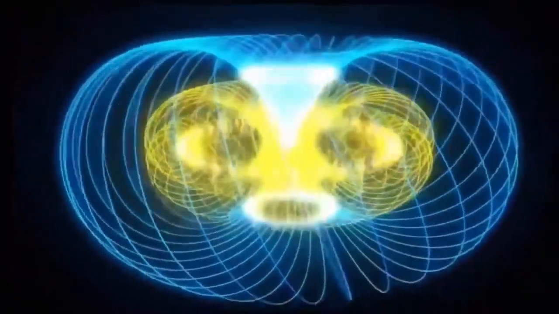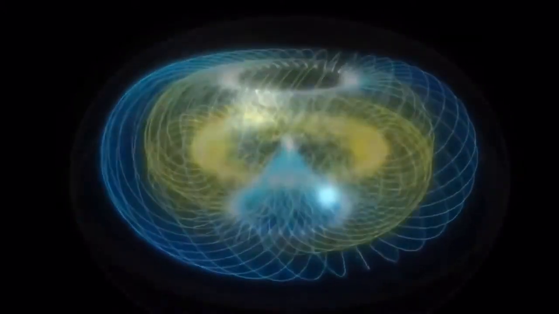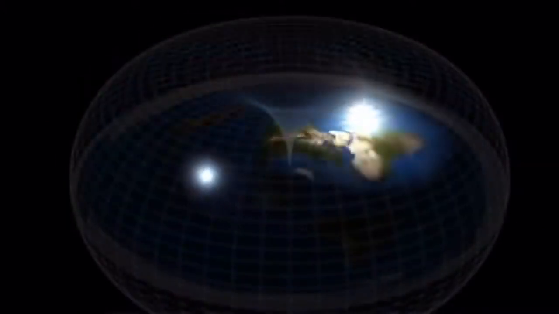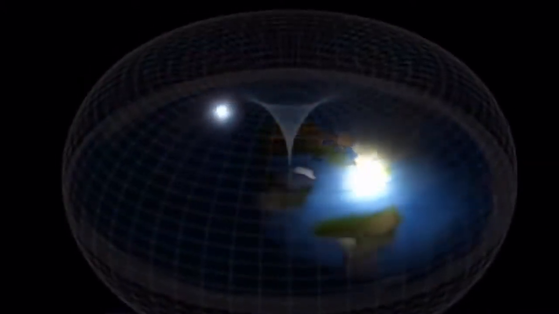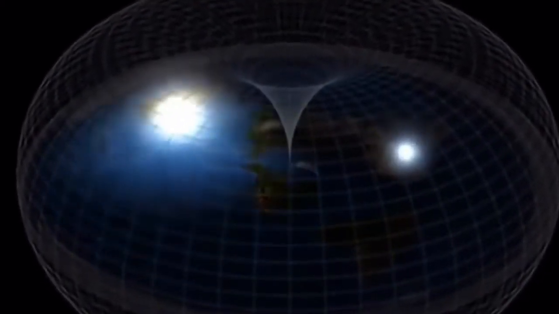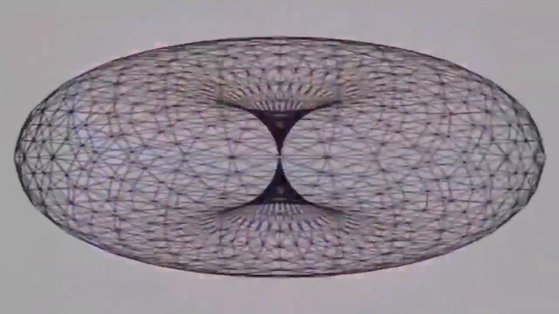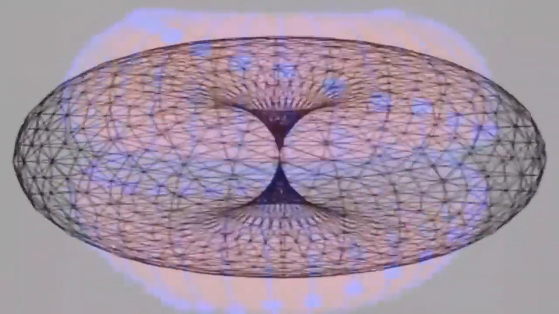The toroidal electromagnetic field is a stream of all vibration, frequency, and energy on our flat plane. A constant dance of the above and the below, with our earthly plane in the center.